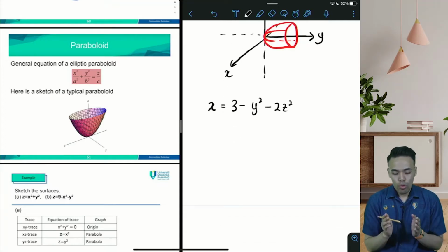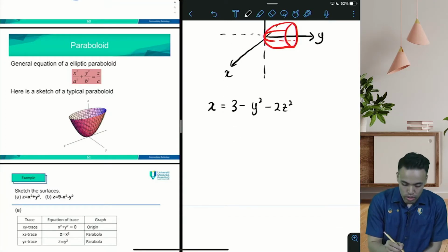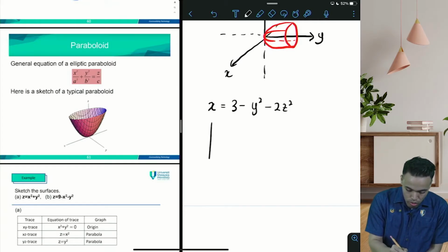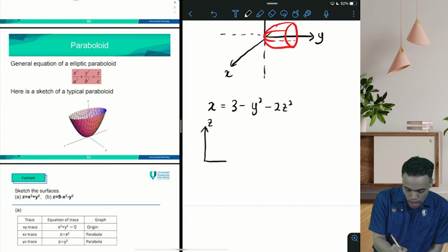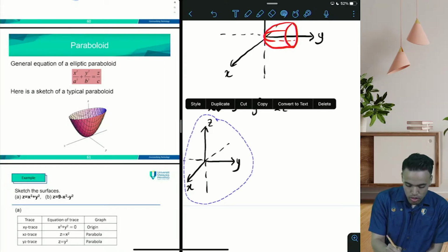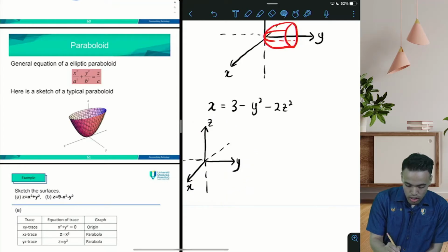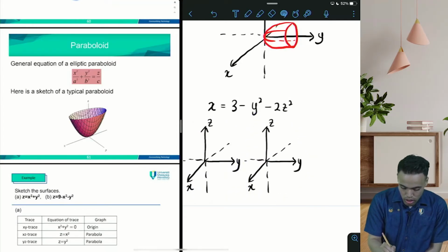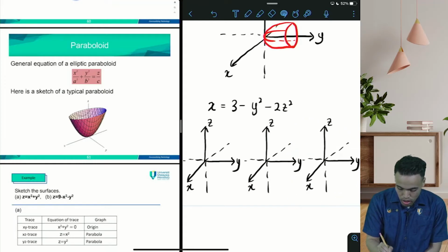Okay, let me show you the transition. So I'm going to sketch a few axes. I will have z, y, and x. Alright.